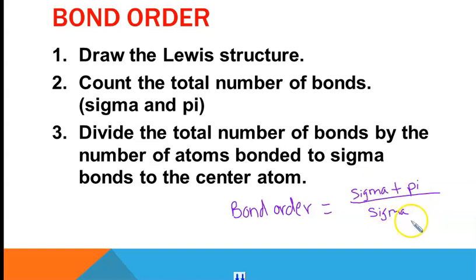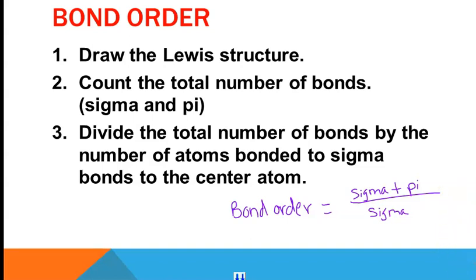This is the easier way to do it. It's technically supposed to be the number of atoms, but atoms initially are bonded by sigma bonds. So total bonds has to be bonds, not clouds. Sigma and pi bonds divided by sigma. That's going to get you the bond order. Alright, so we're going to figure out the bond order for each one of these, and then it's just going to be a number, and then I'm going to show you what that means.